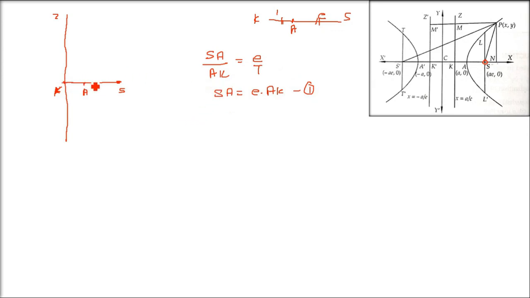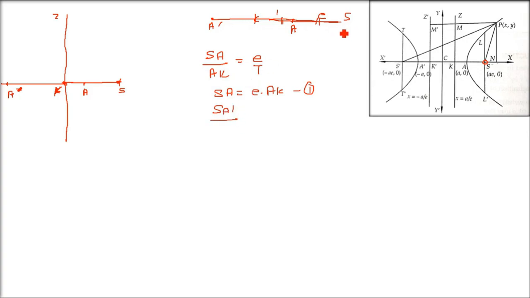Second situation: now we are dividing this KS line externally. Let us say that the point here is A dash. A and A dash, we will also find some relationship between them. But for right now, I am extending this SK to a certain point A dash such that there is again a relationship, which is e is to 1.